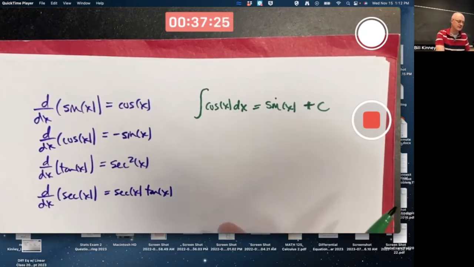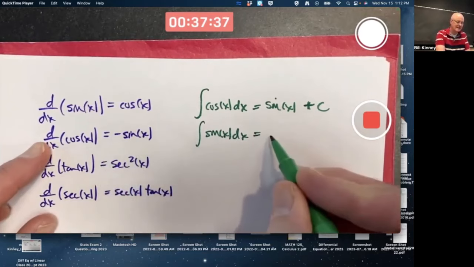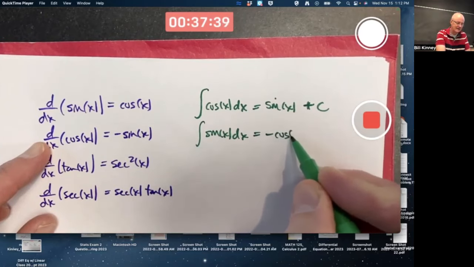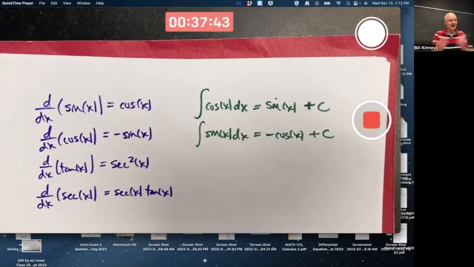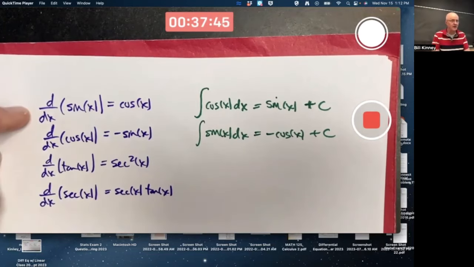For the antiderivative of sine of x, since the derivative of cosine is negative sine of x, the antiderivative of sine of x is negative cosine of x plus c. So it kind of switches around, right, from what's going on with the derivative. It has to. The derivative of sine is cosine.